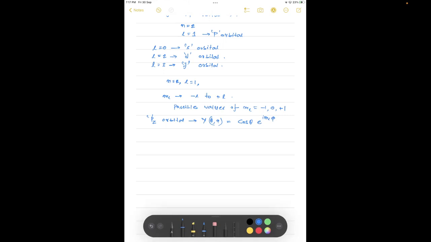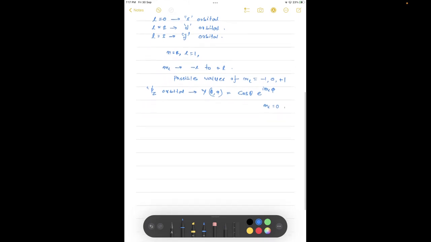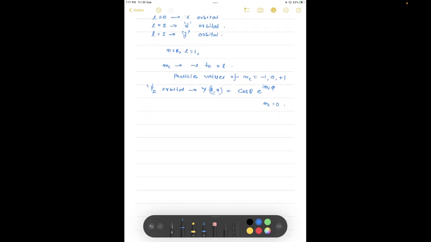For the pz orbital, the angular part will be cos theta times e to the power i ml phi. Now for the pz orbital, ml equal to 0, so the angular part for the pz orbital will be just cos theta.